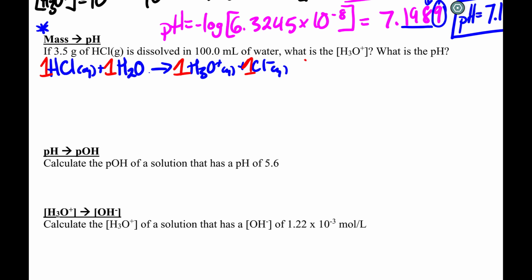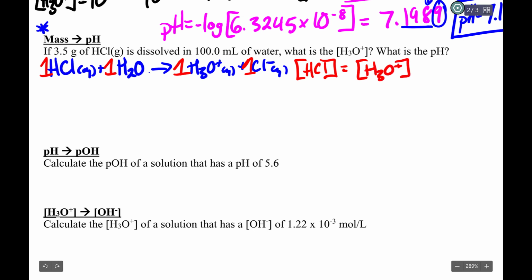This is a 1 to 1 to 1 to 1 ratio. So the concentration of HCl is equal to the concentration of hydronium, because stoichiometrically they are 1 to 1. If I know the concentration of HCl, then I know the concentration of hydronium, which is our first question, and then I can turn that into a pH. In our previous lessons, we learned that concentration is equal to mass over molar mass, divided by volume, where we're essentially subbing in moles as mass over molar mass.